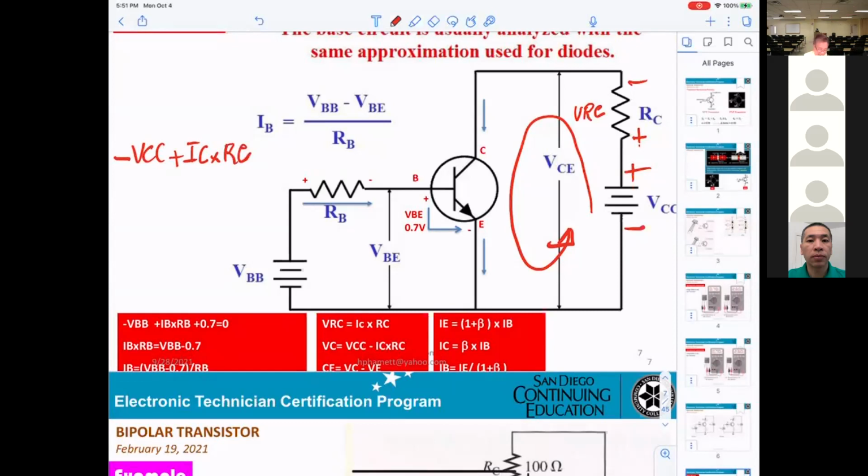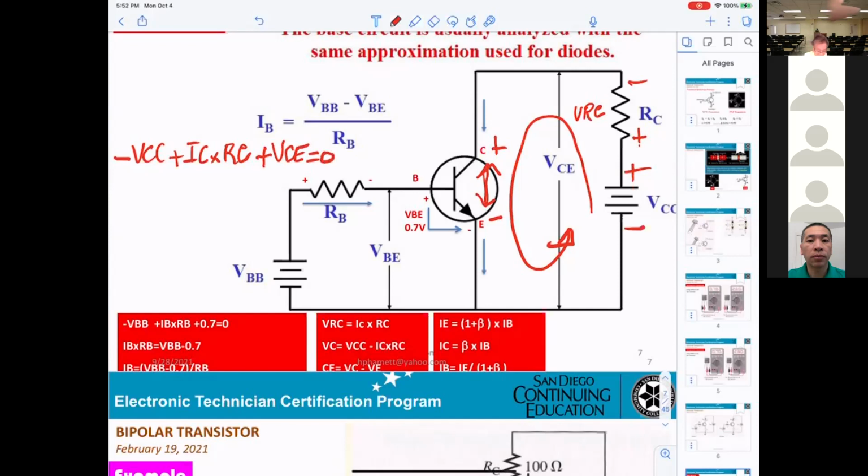And this is the VCE, positive, negative. So you plot VCE equal 0. Yeah, that's what I was looking for.